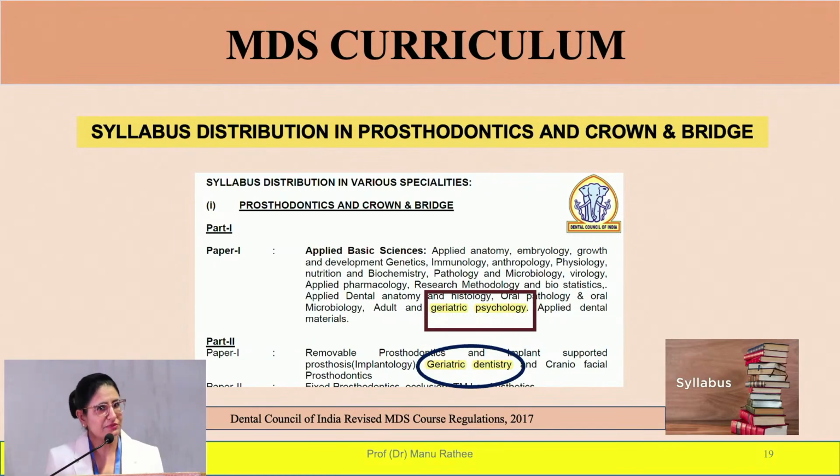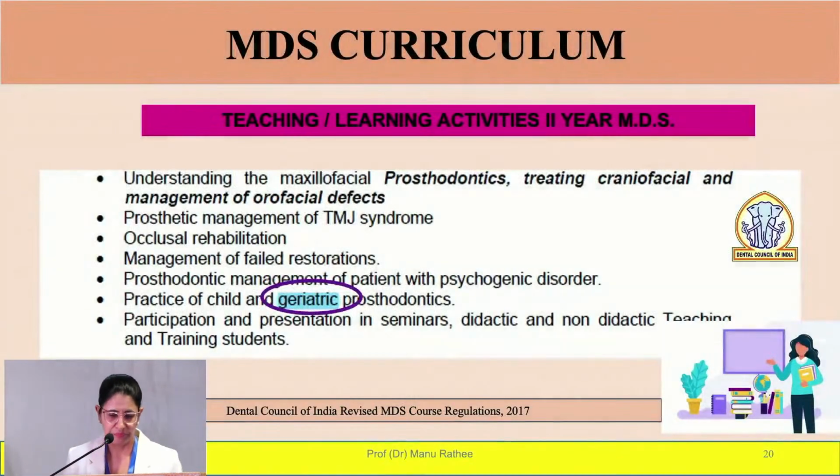As far as the postgraduate curriculum is concerned, it finds its mention in various specialities. Geriatric dentistry was already there as a special care group since the 1983 regulation. In prosthodontics, the significance becomes greater, as it has not only been included in the curriculum but is part of the examination scheme, mentioned in both the part 1 exam as well as the part 2 exam.